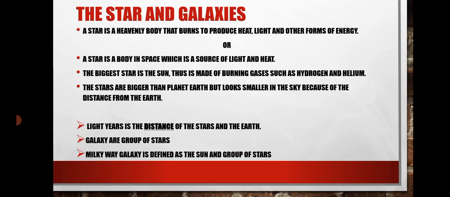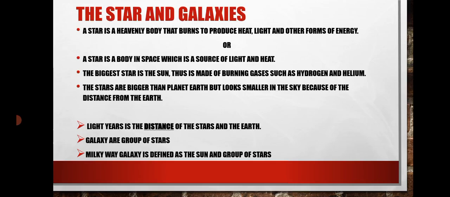The stars are bigger than planets, and even the Earth is smaller than them, but they look smaller in the skies because of the distance. The distance between the stars and the Earth is measured in light years.